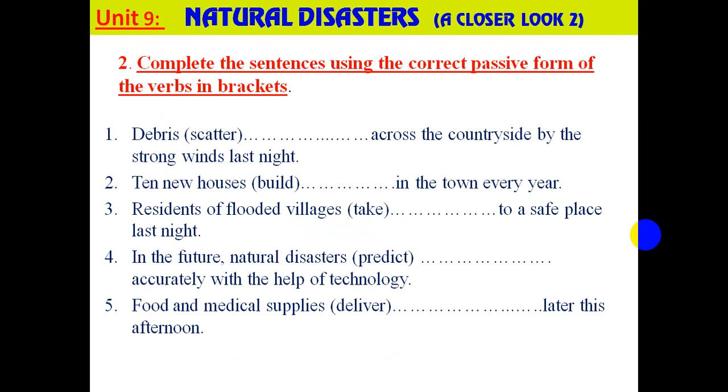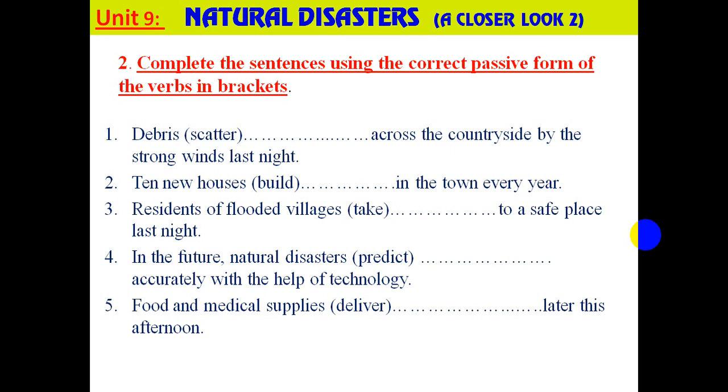Now look at part 2. Complete the sentences using the correct passive form of the verbs in brackets. Okay, there are 5 sentences in the textbook. Number 1. Debris scattered across the countryside by the strong winds last night. Number 2. 10 new houses built in the town area.